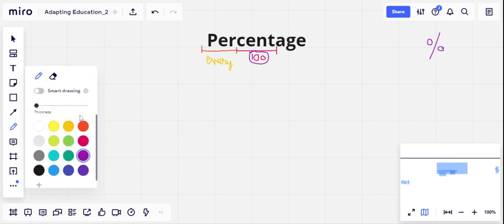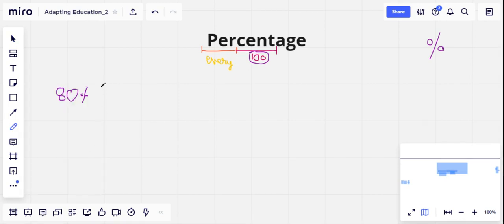Right. So how do we write 80% as a fraction? That would be over 100, which is the denominator, and how much percentage is it? 80%. So 80 is going to be our numerator. Now, how are we going to write it as a decimal? We just wrote it as a fraction.